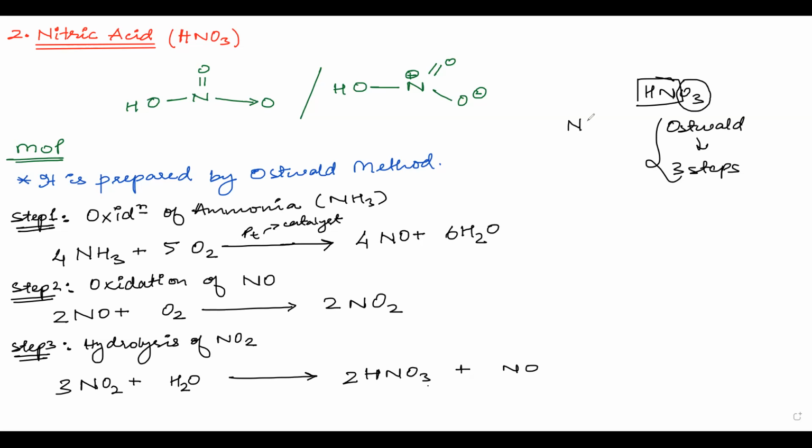It is ammonia. So we start with ammonia. First we do oxidation, then one more oxidation, and after that hydrolysis. So remember, HNO3 has the Ostwald method in itself. It gives you the 3 steps, and it also gives you the starting material, that is ammonia. So write this fast.